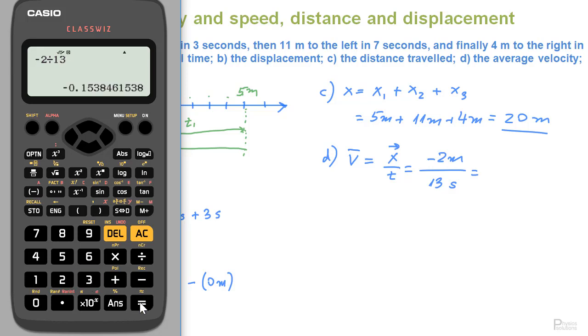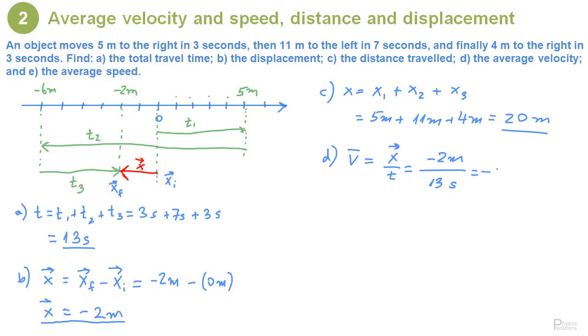Minus 0.15. Let's write that. Minus 0.15. And here we have meter divided by second. This gives us the unit of velocity, which is meter per second. Again, we have a magnitude, the number, and we also have a direction. So the minus is also telling us that the velocity is pointing, in this case, to the left. This indicates that the object has moved from right to left, which is exactly what we see in our diagram.